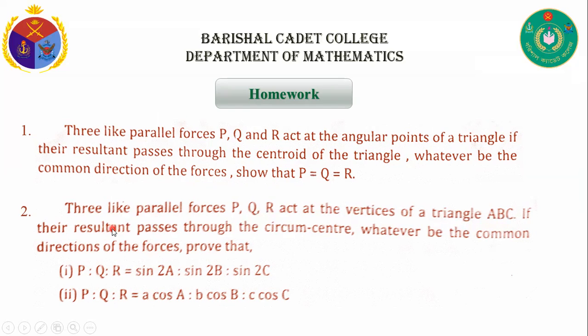If their resultant passes through the circumcenter, whatever be the common direction of the forces, prove that P is to Q is to R equals sine 2A is to sine 2B is to sine 2C. And the last one: P is to Q is to R equals A cos A is to B cos B is to C cos C.